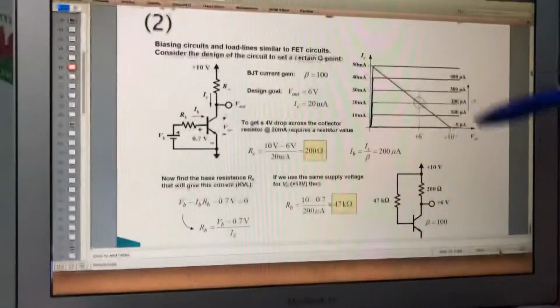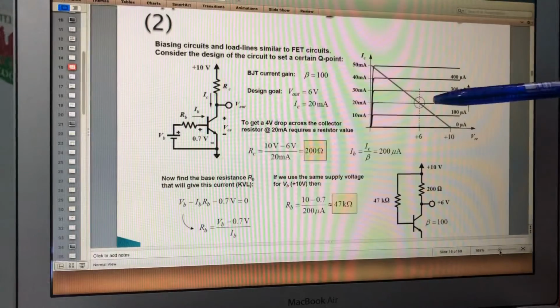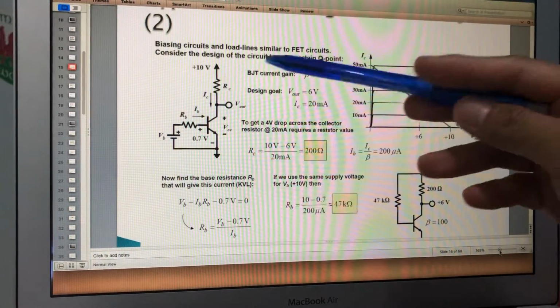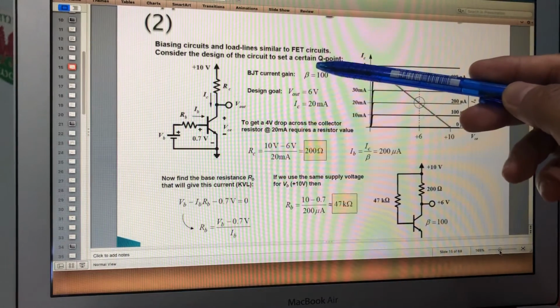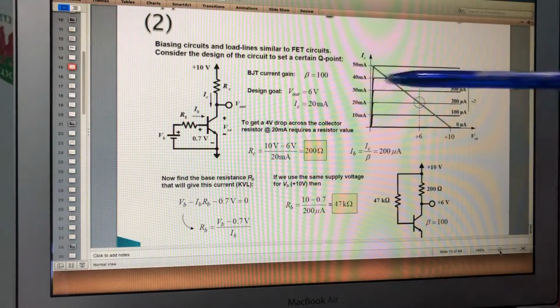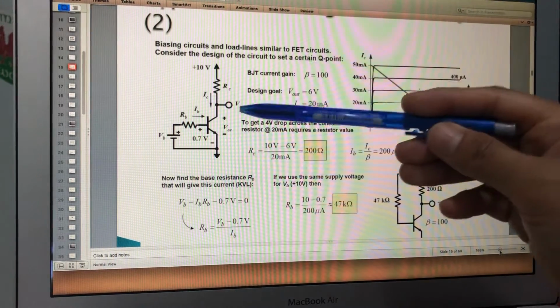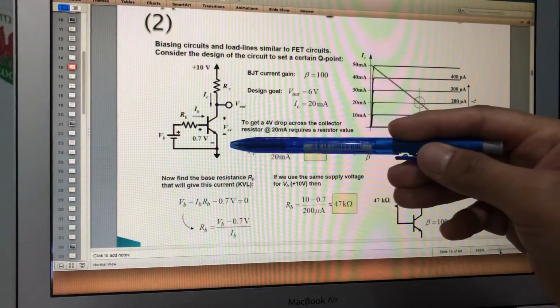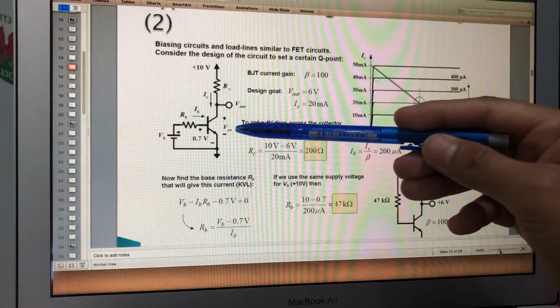So for this one, we design our operating point, they use the term Q point, as V out equals 6 volts. Meaning V out equals 6, and V out is also equal to VCE because E is grounded.